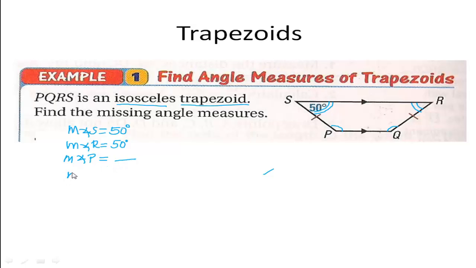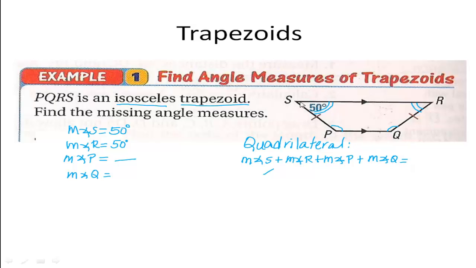Since this is a quadrilateral, we had said in the beginning that for all quadrilaterals, the addition of all the angles inside is the measure of angle S plus the measure of angle R plus the measure of angle P plus the measure of angle Q. Let's see if you remember. If I add this angle plus this one plus this one plus this one, what should I get in a quadrilateral? That should be 360.